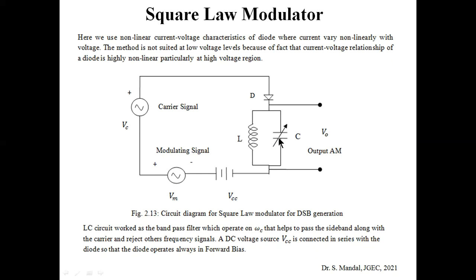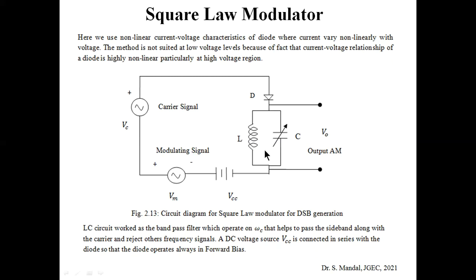That means this is a variable or varactor capacitor, whose center frequency can be changed by varying the value of C. So basically this LC circuit is similar to a band pass filter. Okay, so as you already know, in case of DSBSC AM generation, we need to use a band pass filter to pass the respective sideband only.